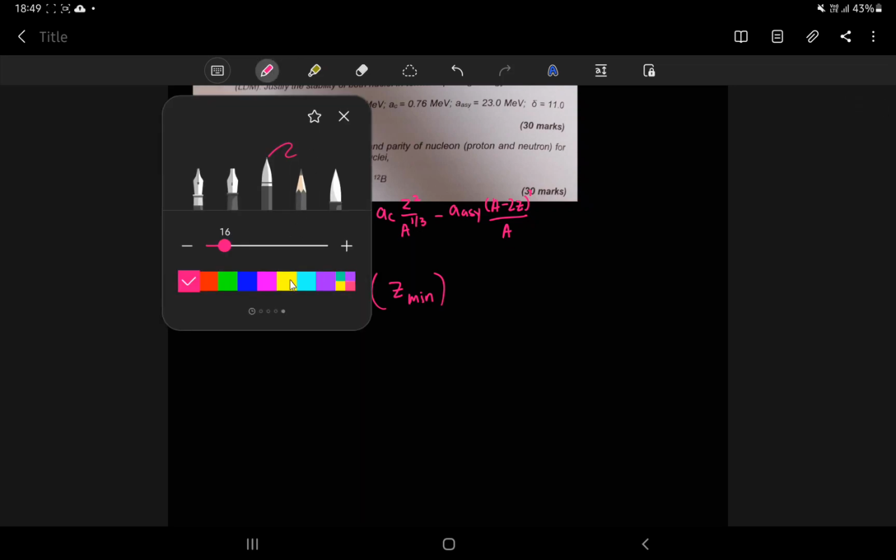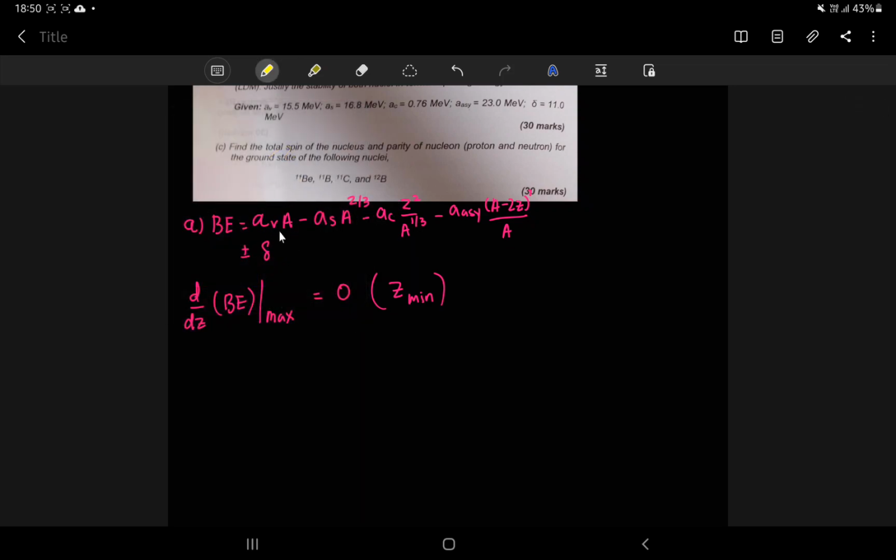Because if you look at the liquid drop formula, when we take the derivative with respect to Z, the volume term, the surface term, and also the pairing term will be 0 because they have no dependency on the proton number Z.